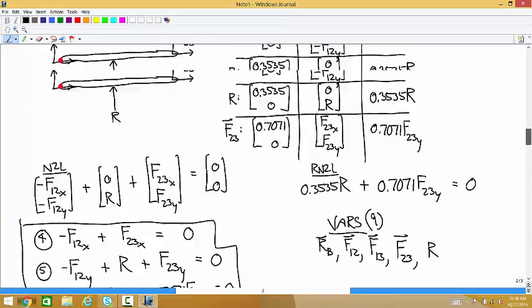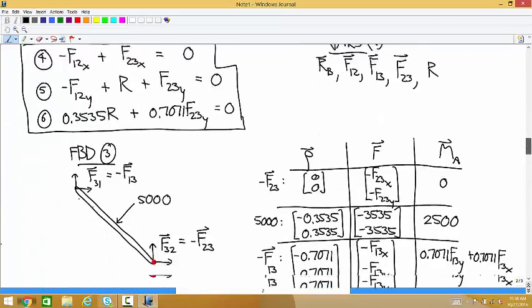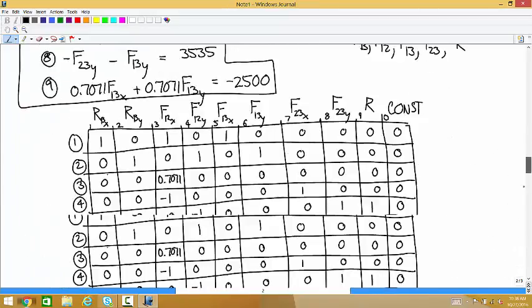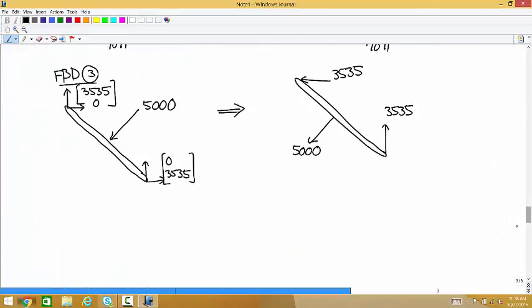But if you go back to that free body diagram of 3, this is negative F13 acting on member 3. Yeah, let's go back to your free body diagram at the bottom. It's not in equilibrium the way you have it. Oh, I drew it wrong. Yes, thank you. Okay.